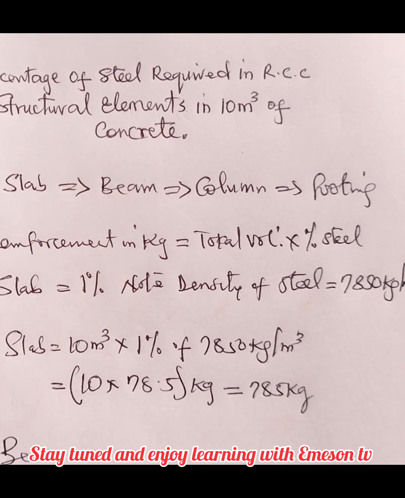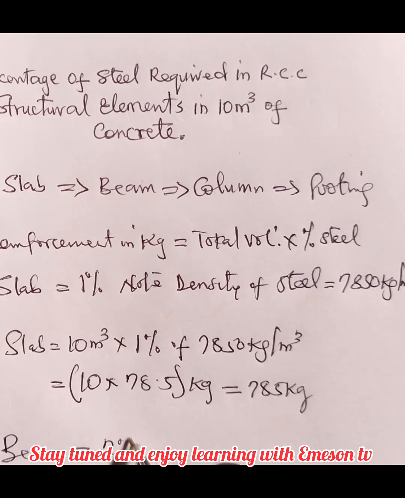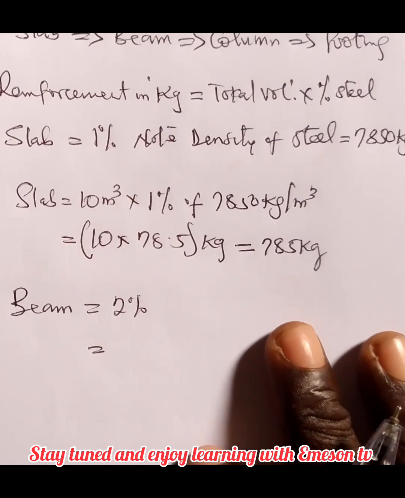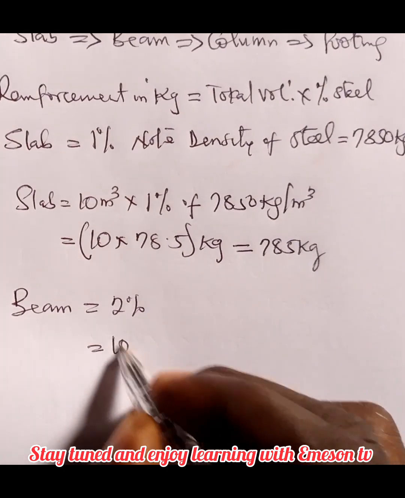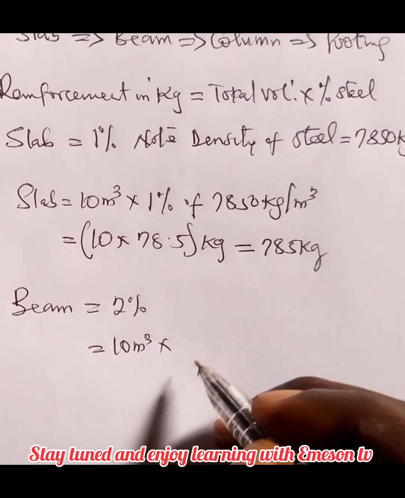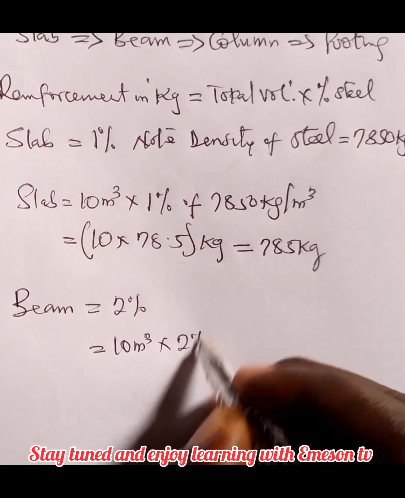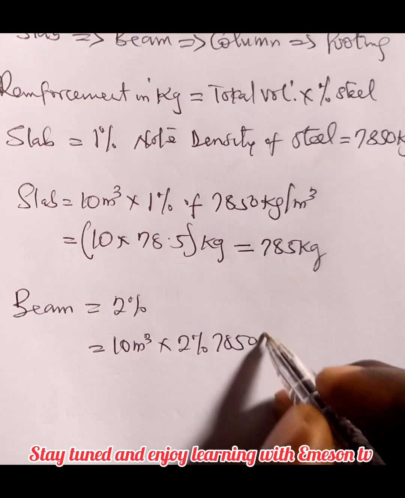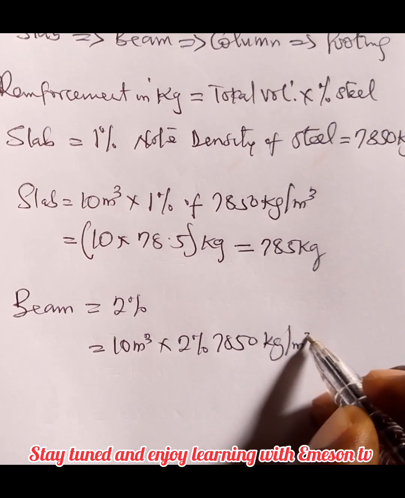The percentage of steel present in beam is 2%. So if that is the case, we use the total volume, 10 meter cube, multiply it by 2% of density of steel, which is 7850 kilogram per meter cube.